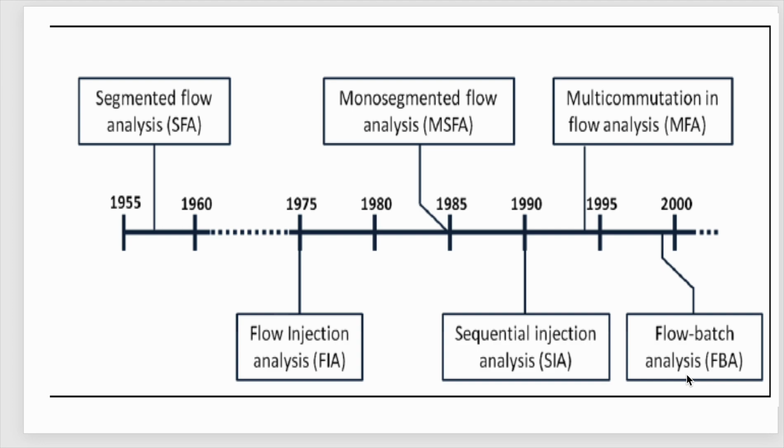The discrete is the flow batch analysis, the same, discrete or a batch. So, for example, if I give you an example of equipment, the Cobas C502 of a huge company is a fully automated discrete clinical chemistry analyzer.